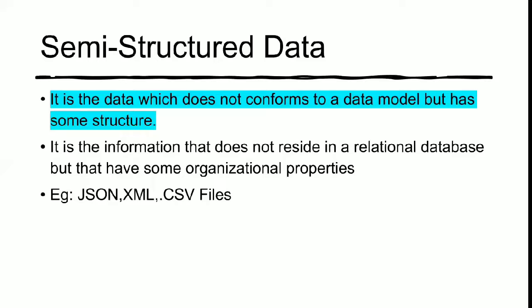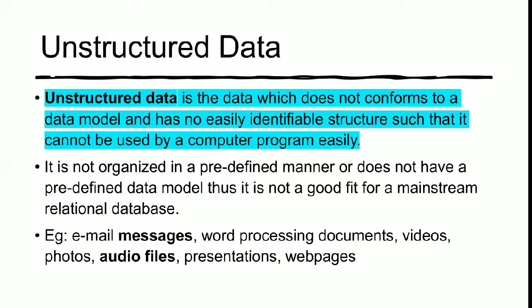Now I will tell you about unstructured data. Unstructured data is data which does not conform to a data model and has no easily identifiable structure, such that it cannot be used easily by a computer program. It means unstructured data has no data model and no defined structure.